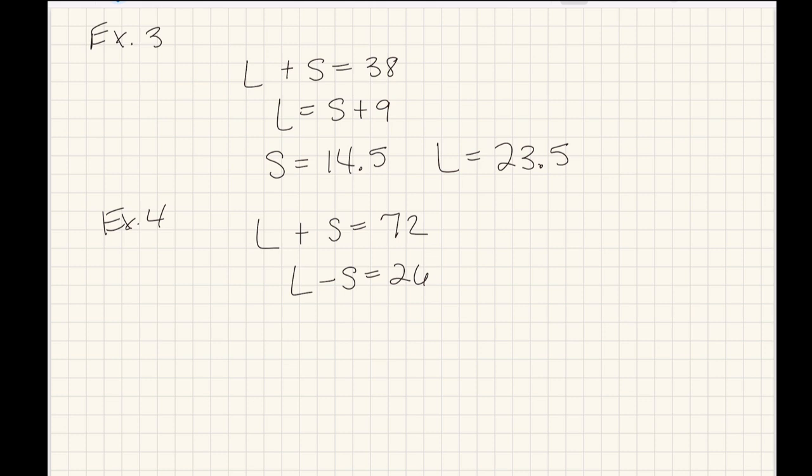So we are going to take 72 and subtract 26. Then we will divide that by 2. And we get that our smaller number is 23 and our larger number is 49. Because when we say something minus 23 is 26, add those together, you get 49.